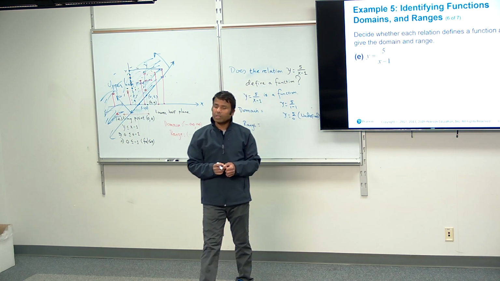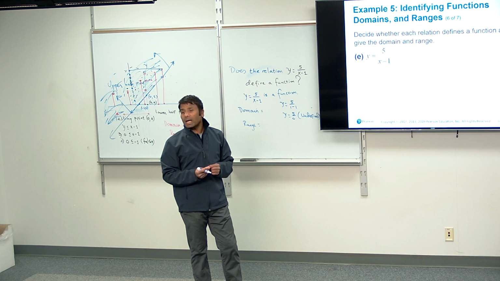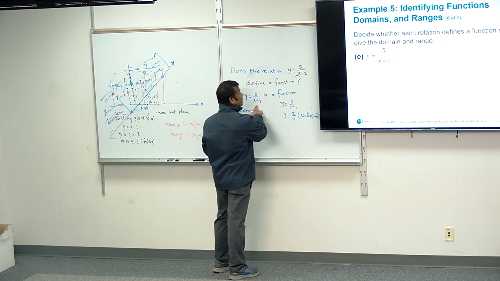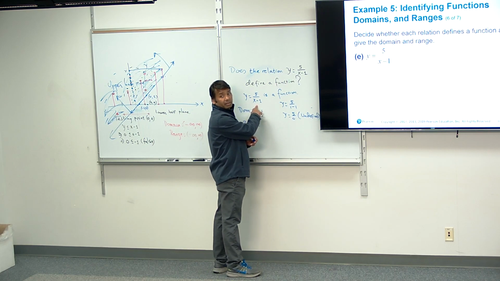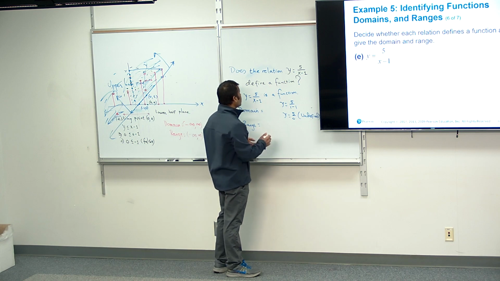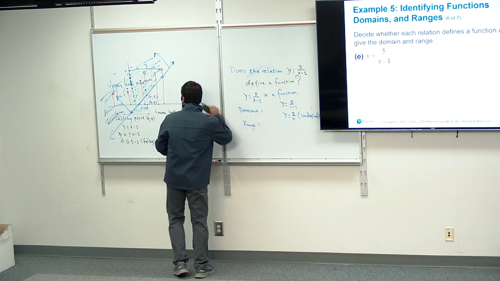That makes sense? So you cannot include 1 in your domain, because when you plug in 1 here, it makes the denominator 0, and 5 over 0 is undefined. That makes sense? Or the easiest way to find that is, let me write down here.